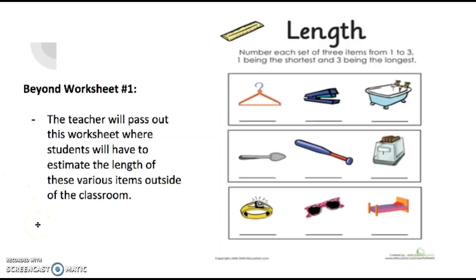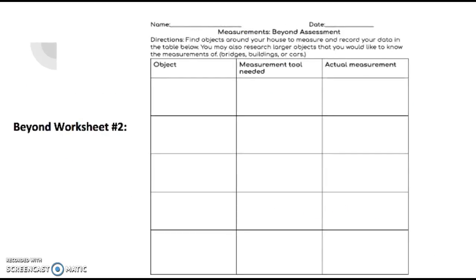This is one of the Beyond worksheets where the teacher will pass out and the students will have to estimate the length of these items that are found outside of the classroom. And the last Beyond worksheet is the one that the students will be able to take home and find different objects around their house to measure and record the data.